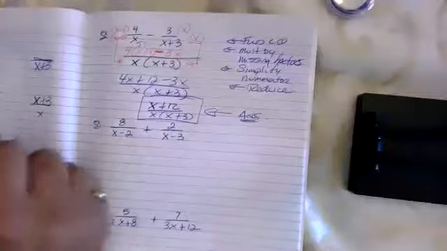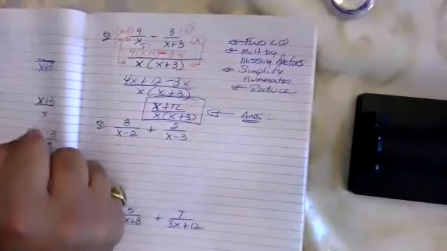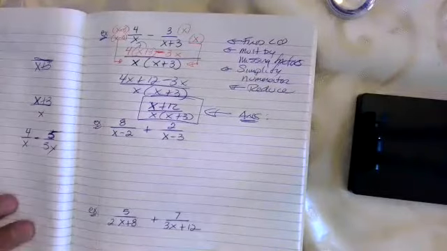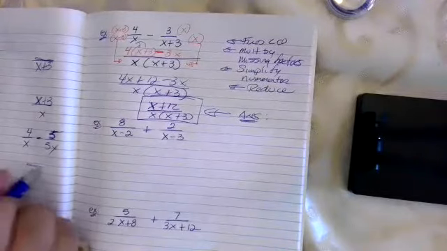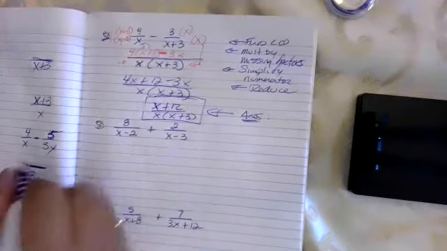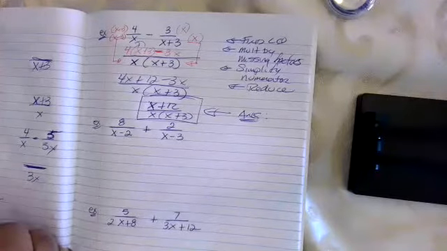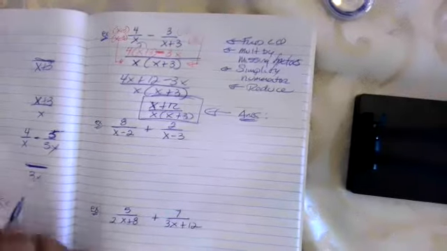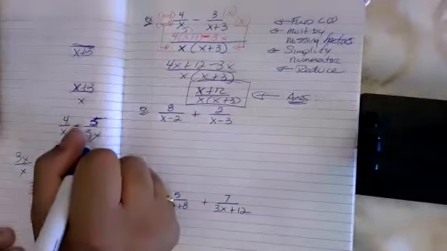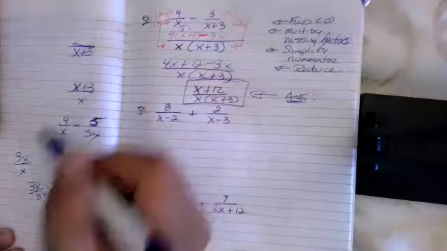If this problem was 4x minus 3 over 3x, or make this a 5 over 3x or something like that, well, now my LCD could be 3x. Because x goes into it, right? 3x is divisible by x, and 3x is divisible by 3x. It's attached by multiplication, which is different. This isn't divisible.